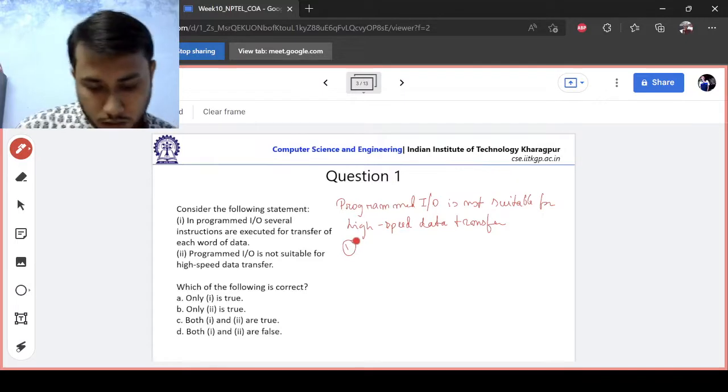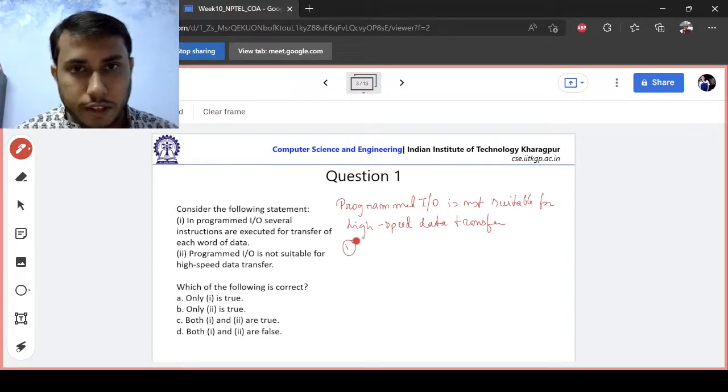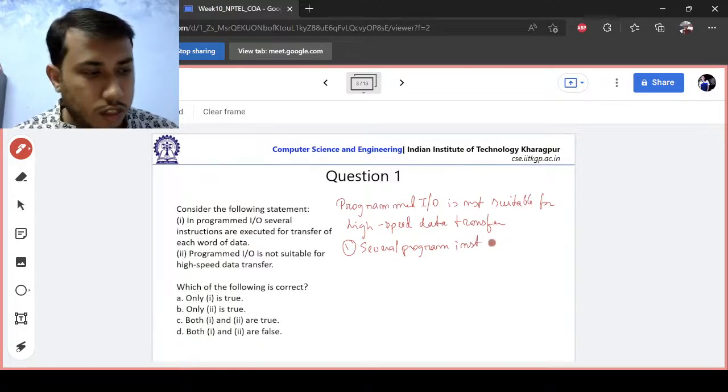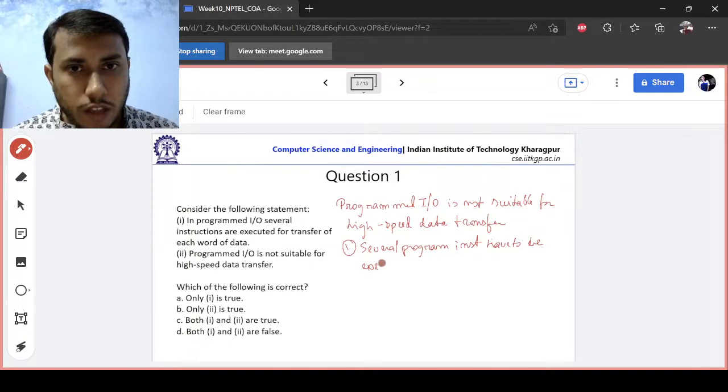Why? Reason one is several program instructions have to be executed for each data word transfer between I/O and memory.